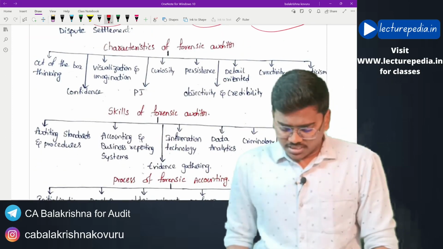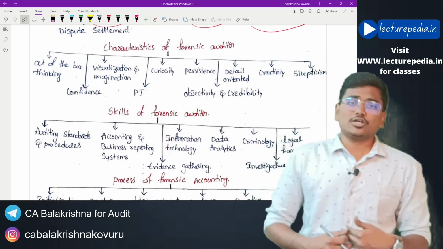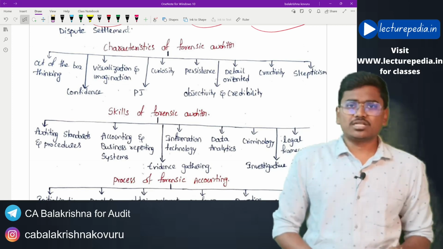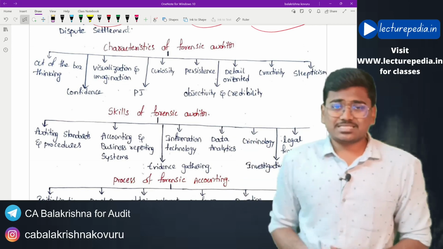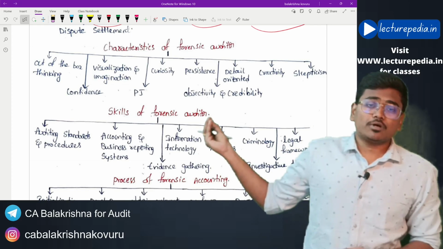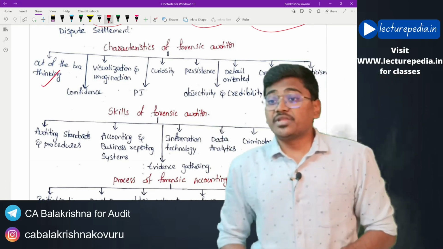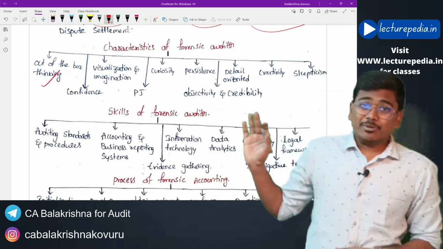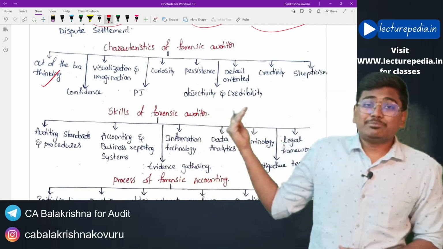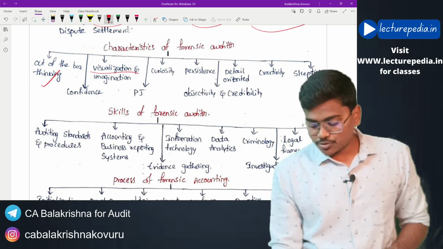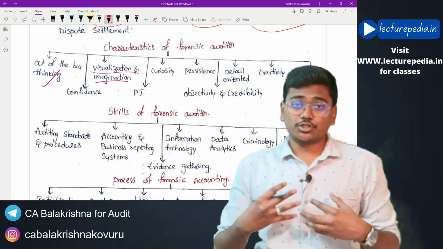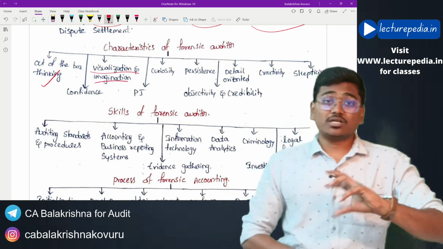And a forensic auditor should possess certain qualities. What are those qualities? First of all, he should possess the nature of out of the box thinking. Then he should have the capability to visualize and imagine the situation. Okay, visualization and imagination. And he should have curiosity to learn new things.